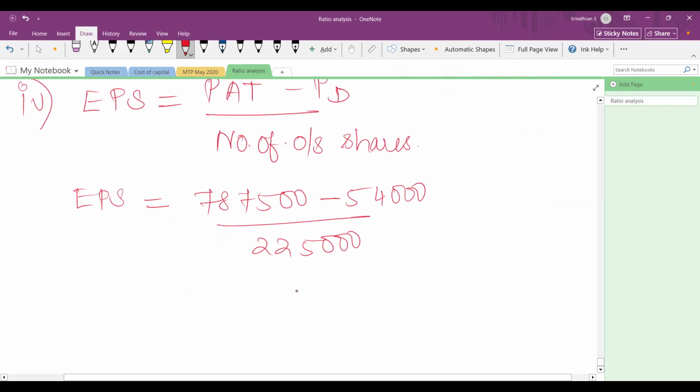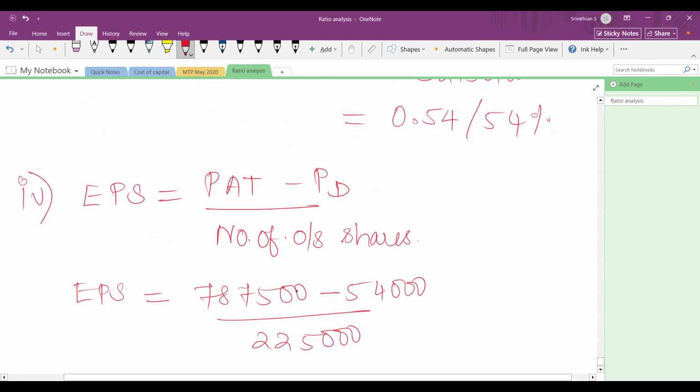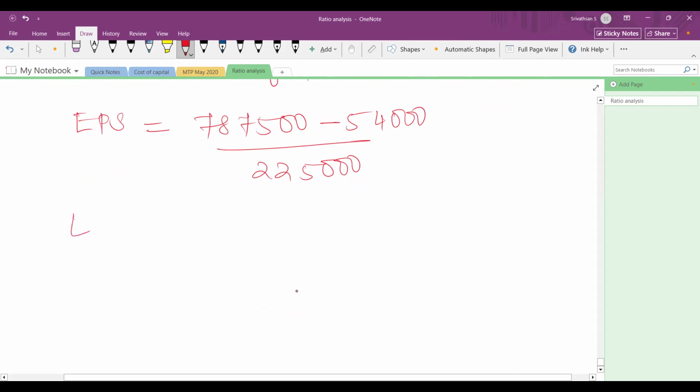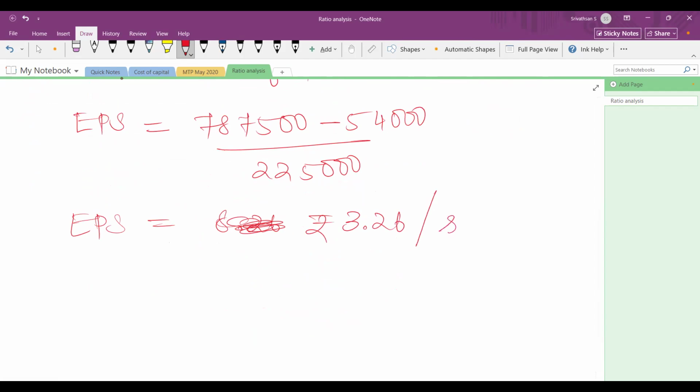Face value of one share is 10, then how many shares you need to issue for 22 lakh 50,000? How much? It is rupees 3.26 per share. That's all. Clear? Any doubt on this? Did everyone understand?